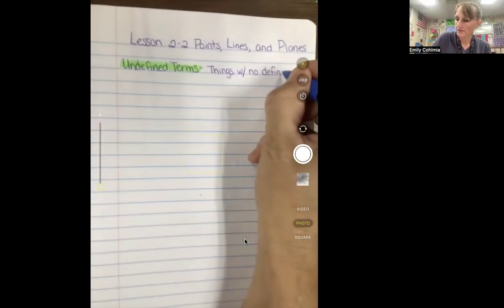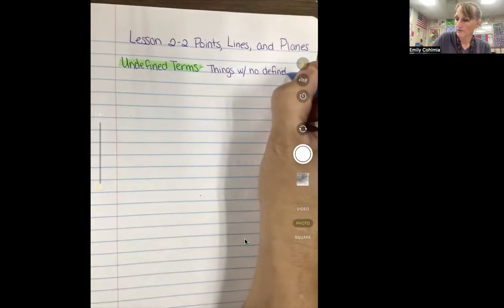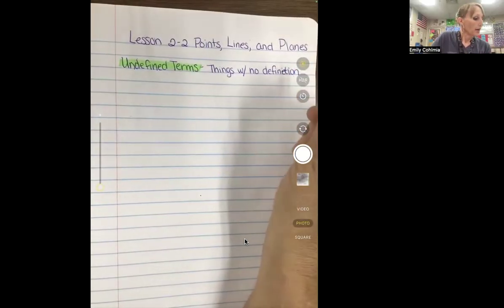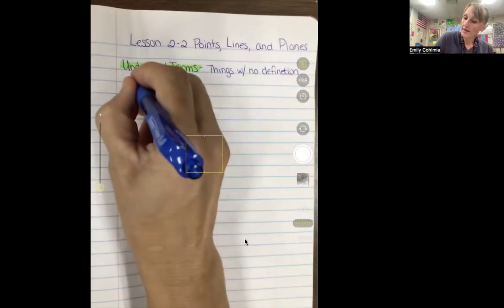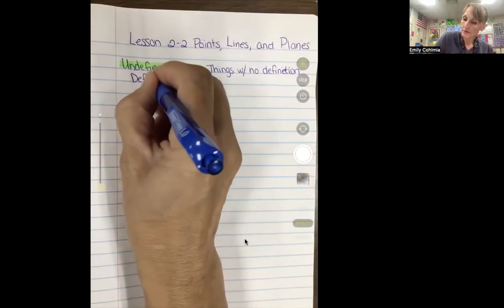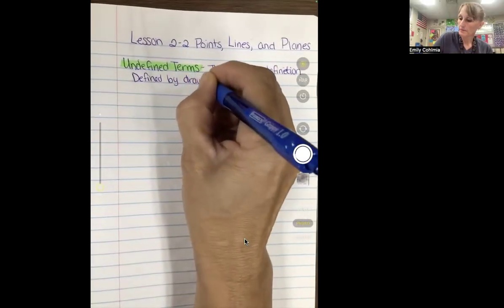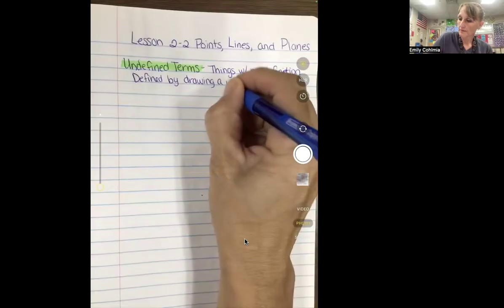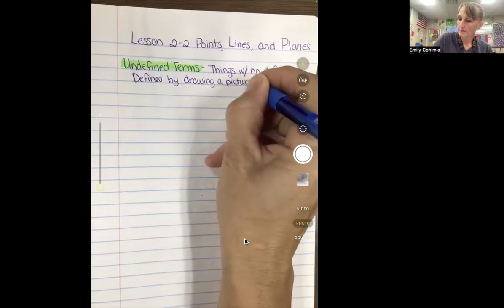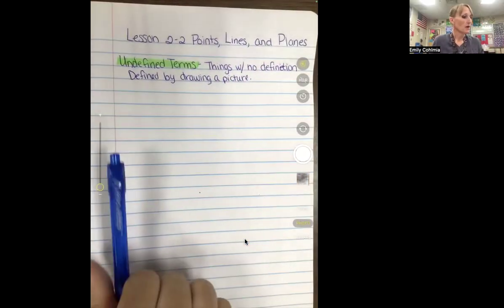Hence their undefined definition. They are defined by drawing a picture. So that's the only way you can define these.